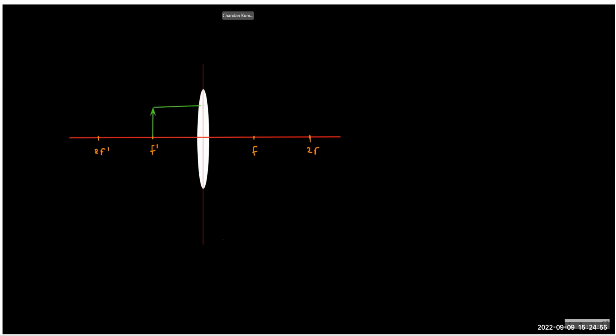We take two rays, and these two rays will be parallel forever. They will only meet at infinity.